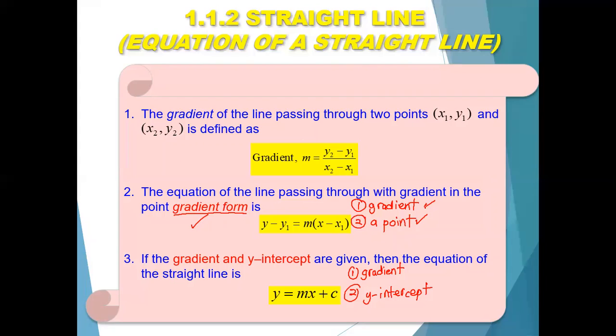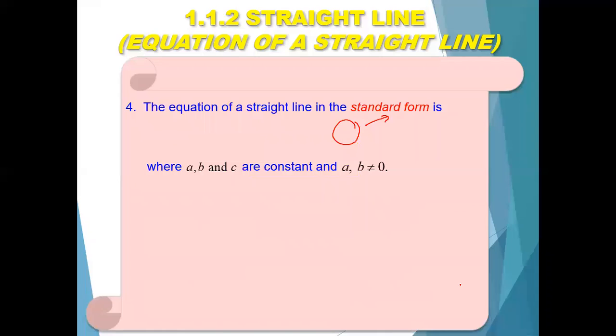Kalau you know the gradient of the line and also the y-intercept, so you can use this straight line equation, y equals mx plus c. How about the standard form? The standard form you kena ingat dia mesti equal to 0 lah. You kena rearrange dia lah, which is ax plus by plus c is equal to 0, where a and b is not equal to 0.